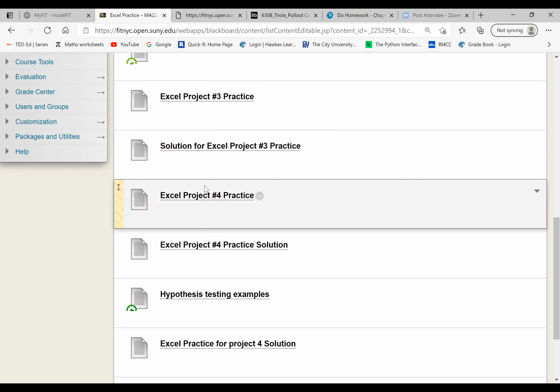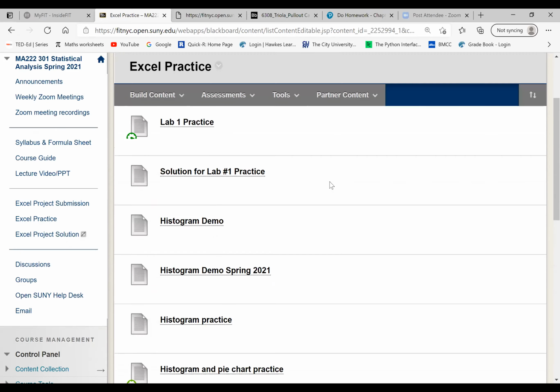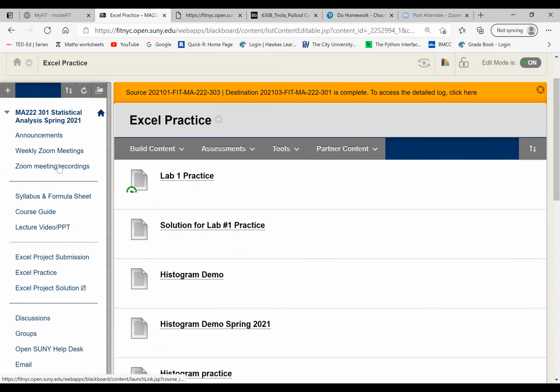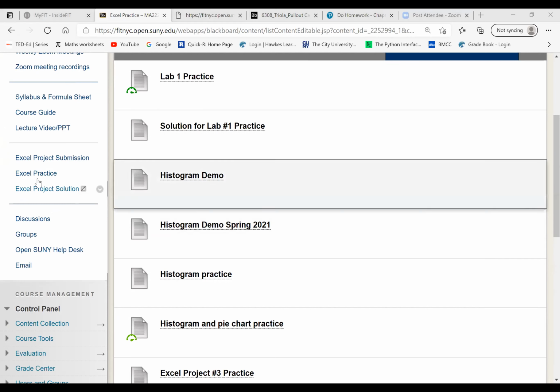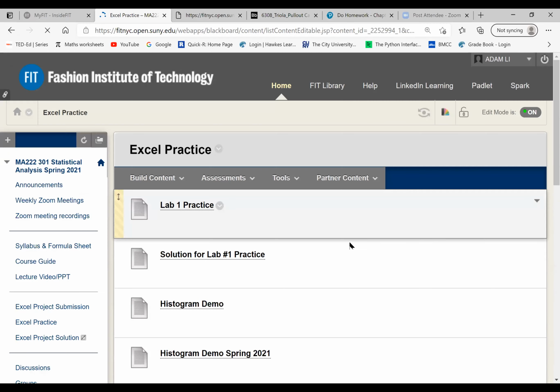Yeah, this is the one we're talking about. Okay, so now let's look at this. If you go to Blackboard, open this file, under the Excel practice, click on Excel practice and go down there.